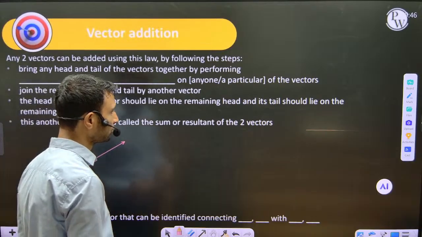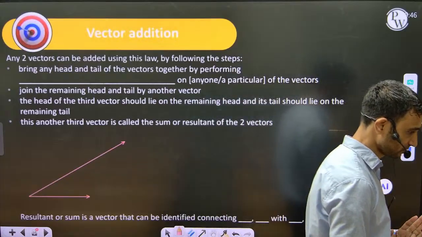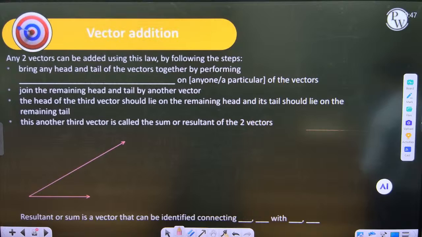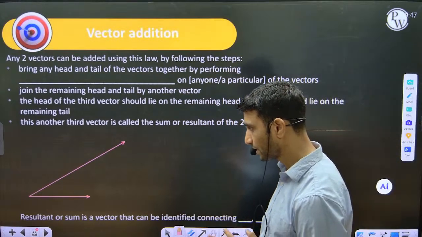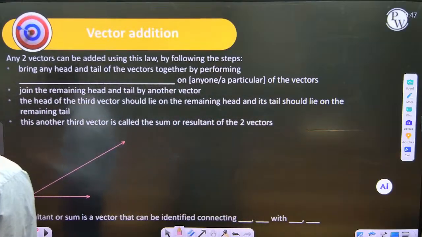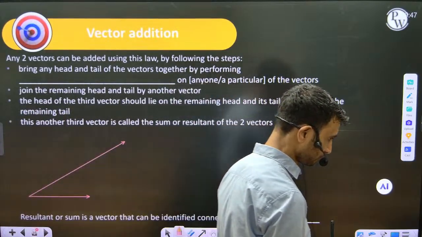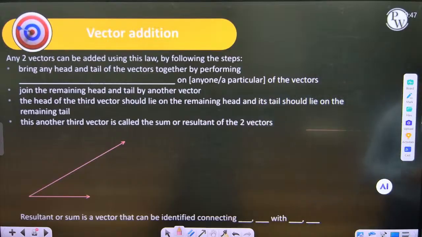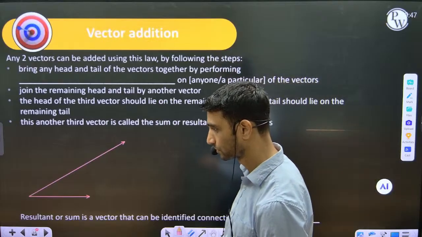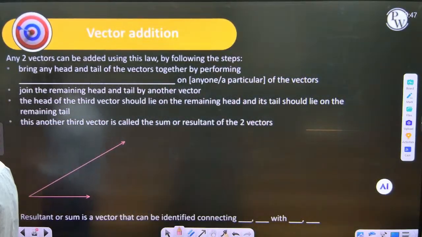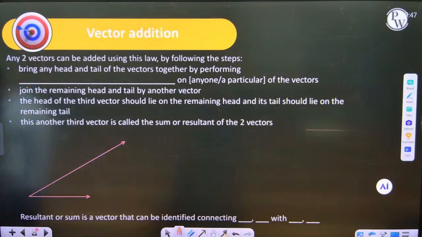Then now we will come to vector addition. So let us see what vector addition is.